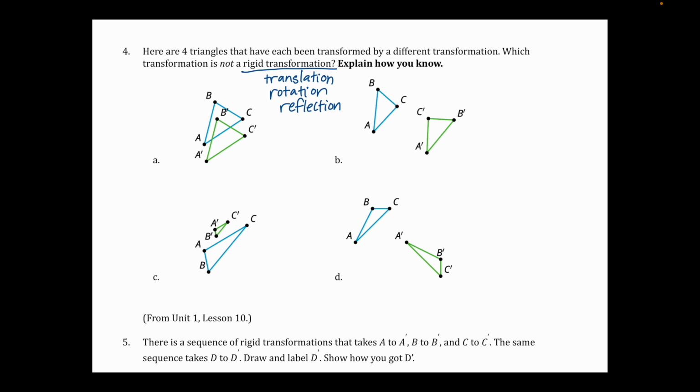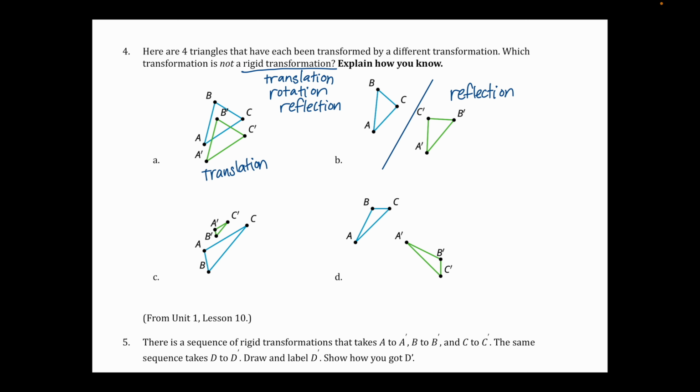A is a translation because we're just sliding that shape. B over here looks to me like a reflection across a line. So we can say this is reflection.